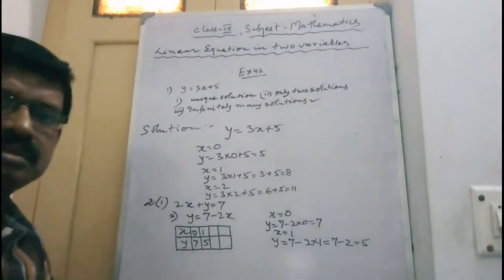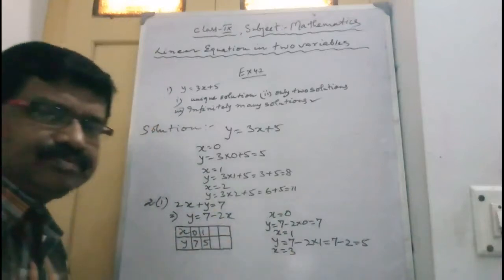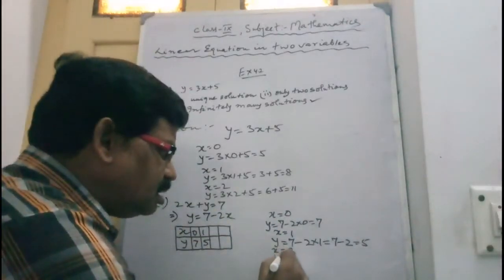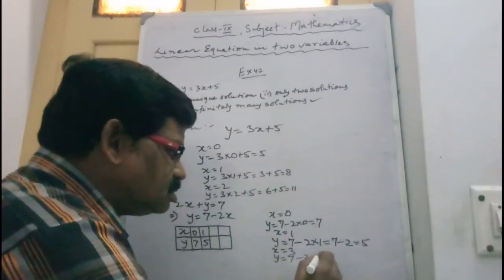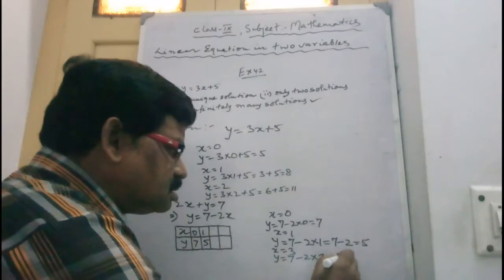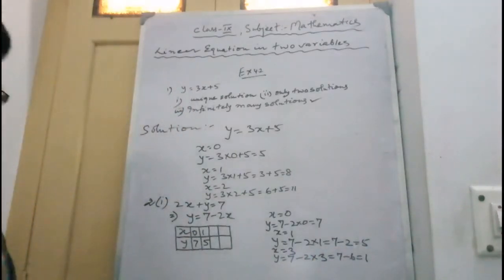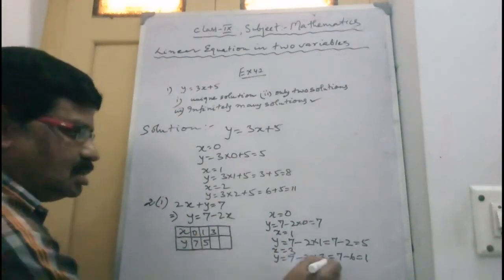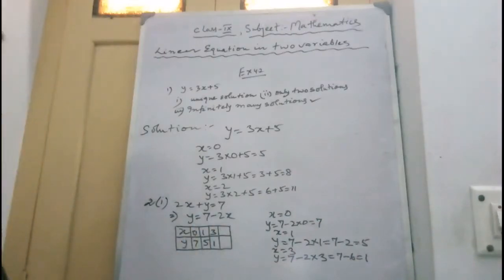Now take x equal to 3 to find the third solution. So y equal to 7 minus 2 into 3, 7 minus 6, which is equal to 1. So when x equal to 3, y is 1. So third solution you got.